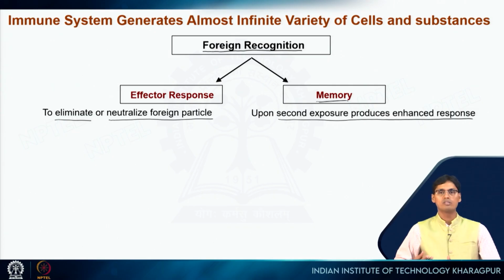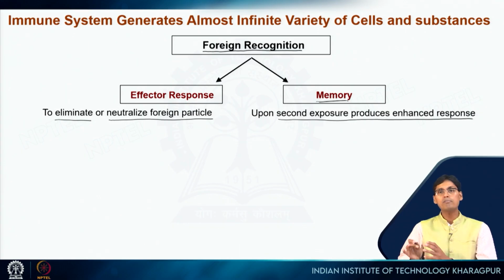I am fine now. But after 6 months or 1 year later, if I am again infected with the same virus or the same bacteria, my immune system will act very fast against that particular pathogen. And that time, I shouldn't have any symptoms. This is because of the memory. My immune system actually remembers whatever happened 6 months or 1 year before.